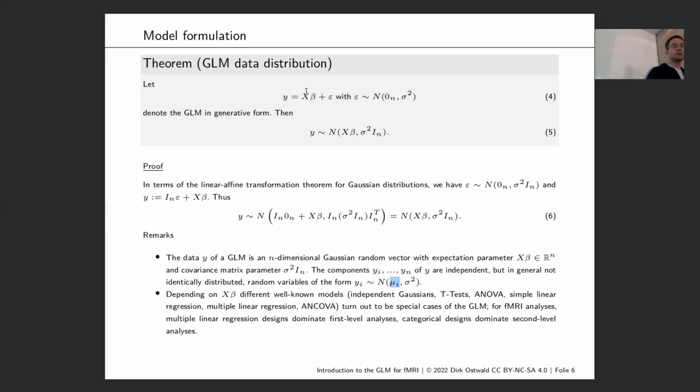In simple linear regression, it's 2 columns, 1 column of ones, 1 column of values of the independent variable, and beta is also a 2-dimensional vector. The first value, the one that corresponds to the column of ones, is the offset parameter, and the other parameter is the slope parameter.